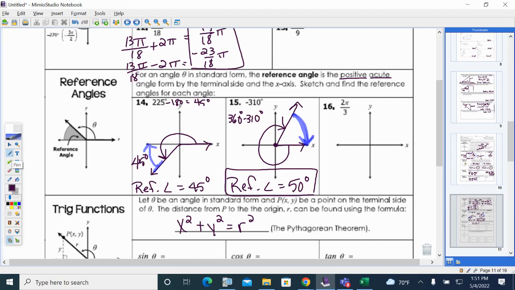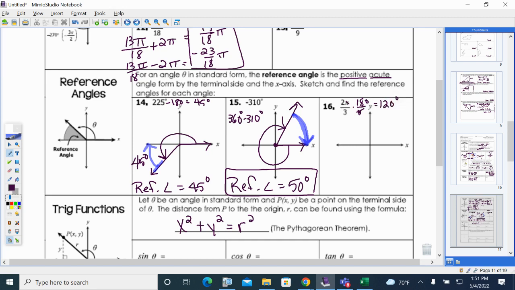All right, so let's look at number 16 because this one's in radians. The first thing I would do if I were you is I would convert this to degrees. Since you're probably not very familiar with radian measure and where it all falls yet, I would go ahead and convert this. So the pi's are going to cancel, and then you're going to end up with 120 degrees.